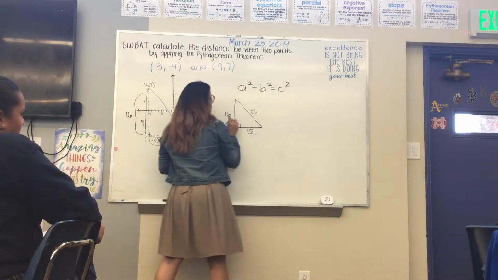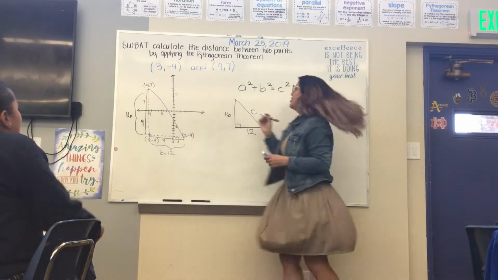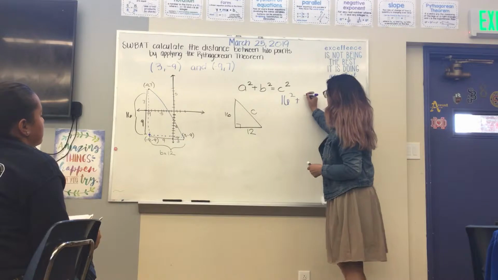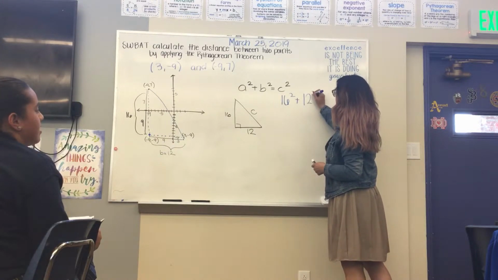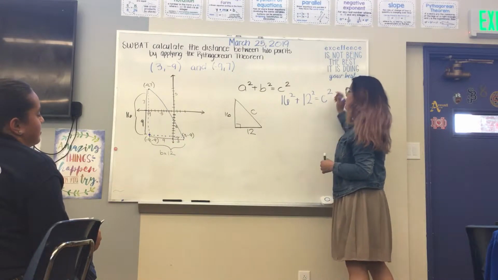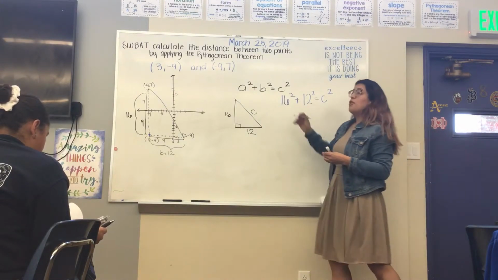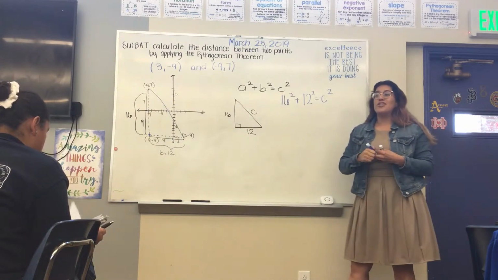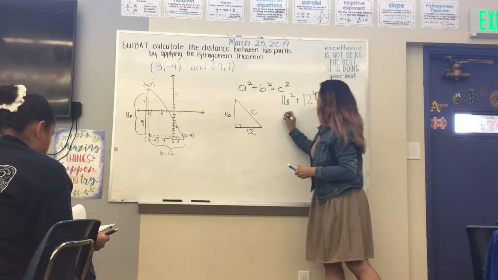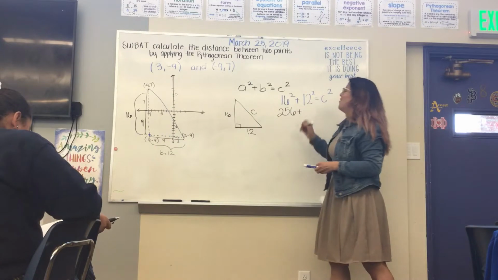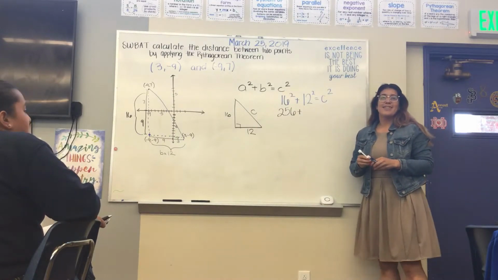Good. So I'm going to plug in. A is what? 16 squared plus 12 squared equals C squared. So now I have my formula to find the hypotenuse. Does anyone know what 16 squared is? 256. Good for knowing your perfect squares. What's 12 squared? 144.